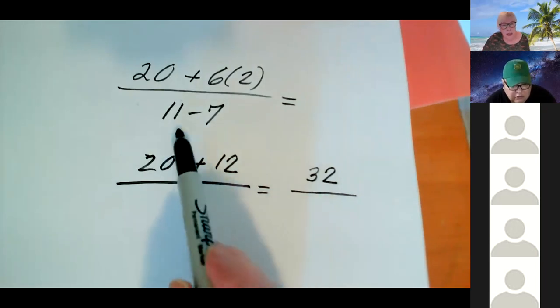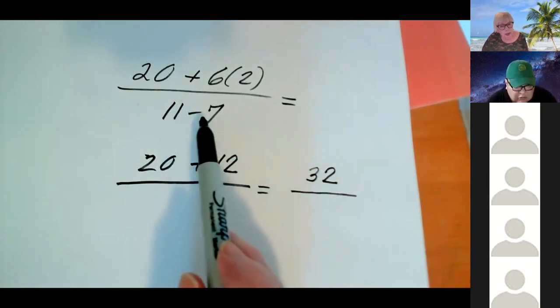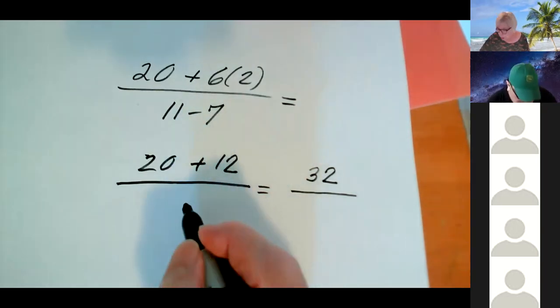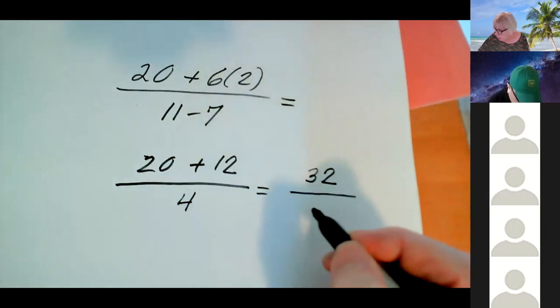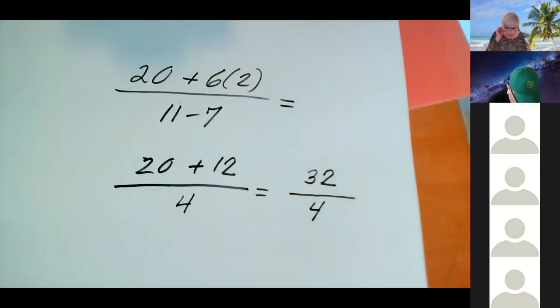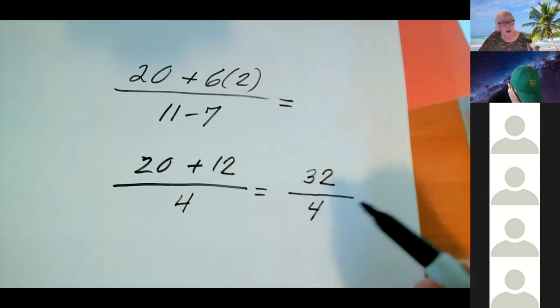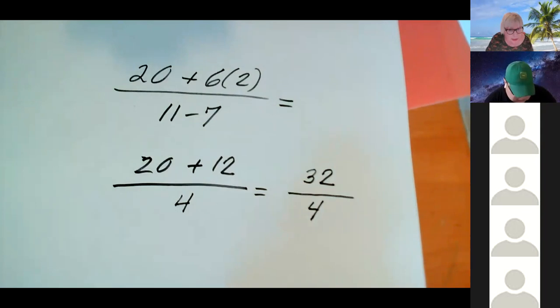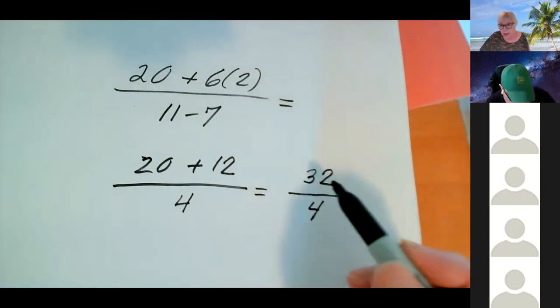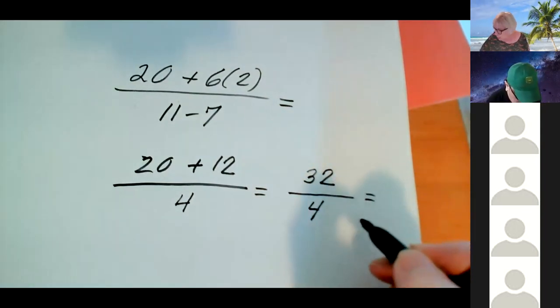This is just a simple one: 11 take away 7 is 4. So the division reads 32 divided by 4. The division is last in these type problems. And so 32 divided by 4 would be 8.